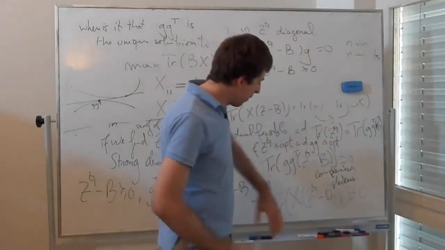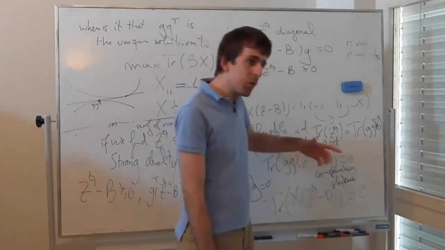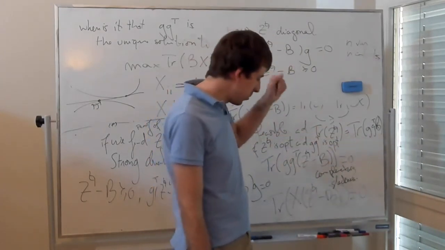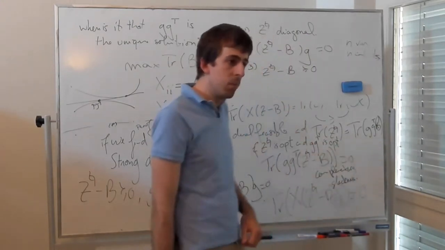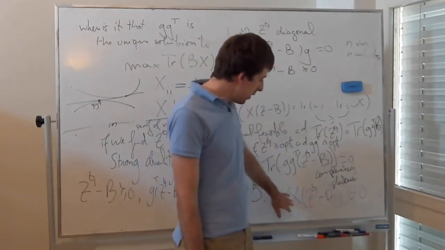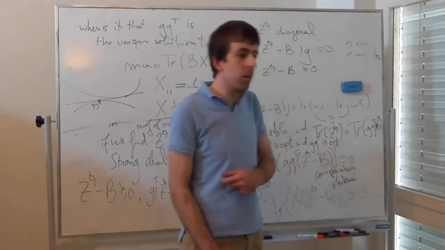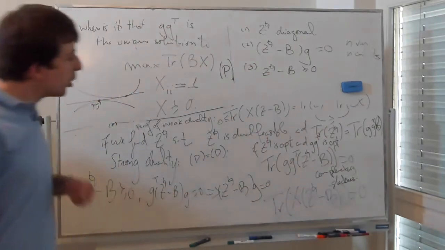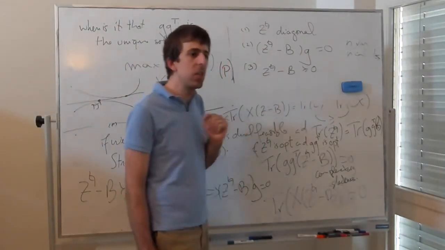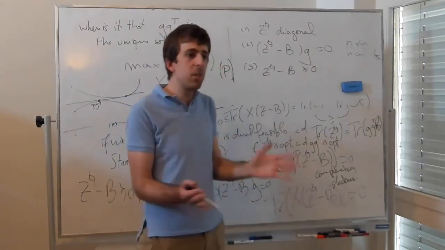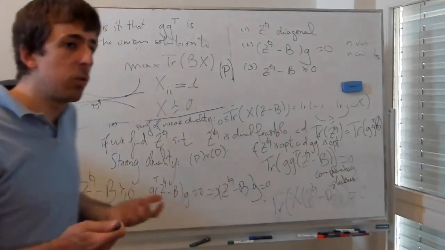So if I write the spectral decomposition of X, all those vectors v_i need to satisfy that v_i transpose times this matrix times v_i is 0. So the entire column space of X needs to be in the kernel of this matrix. If this matrix doesn't have anything else in the kernel besides G, then X can only have G in its column space, so it needs to be a multiple of G G transpose.